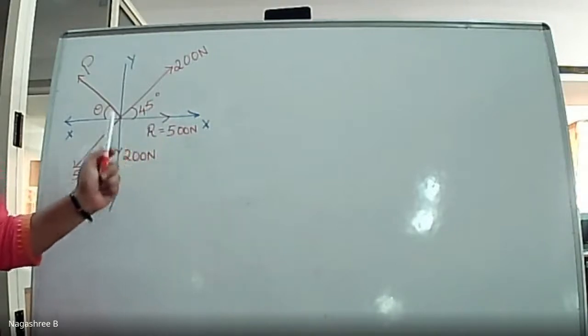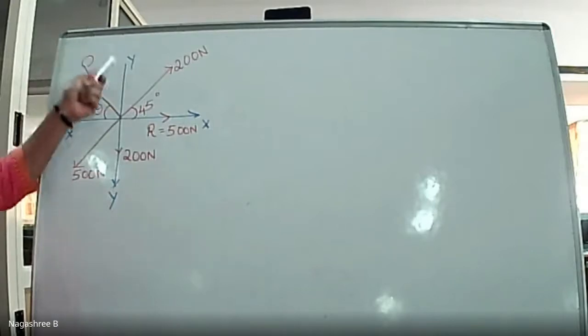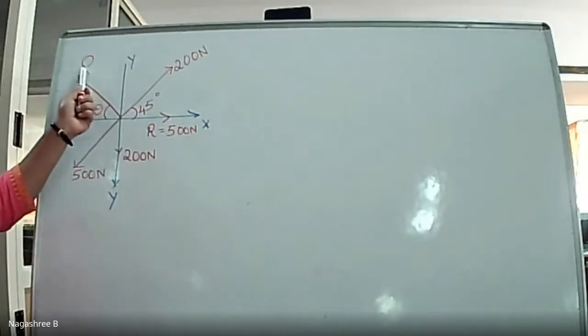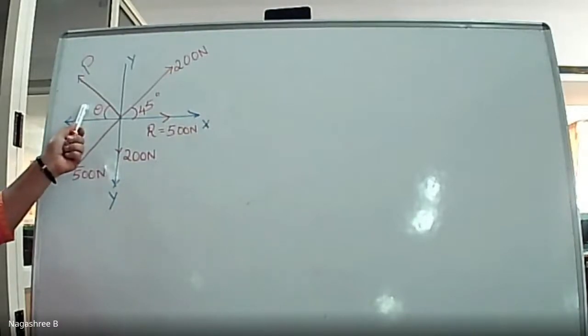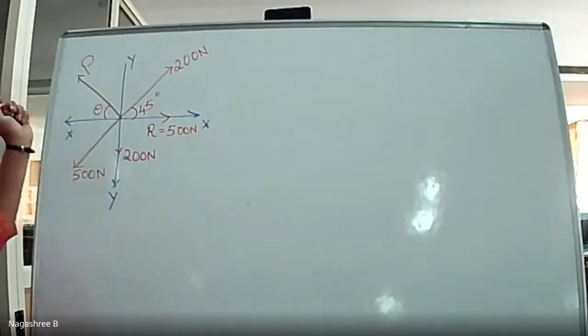Now they have asked to determine the value of this unknown force in terms of magnitude, and what is its inclination with reference to the horizontal axis, that is the x-axis.